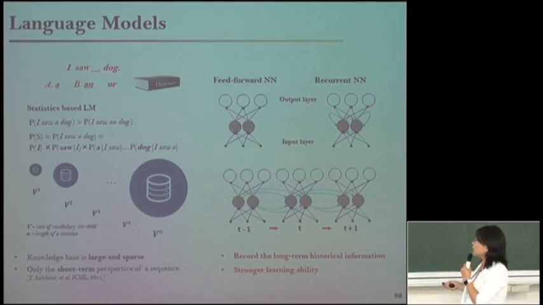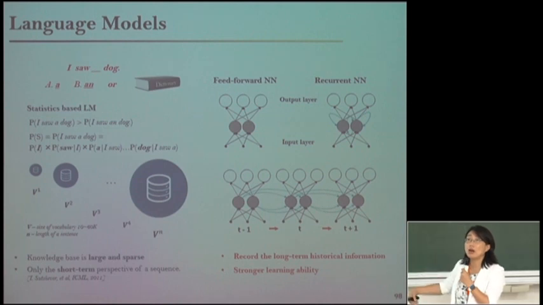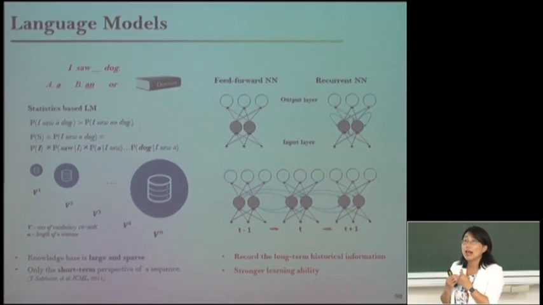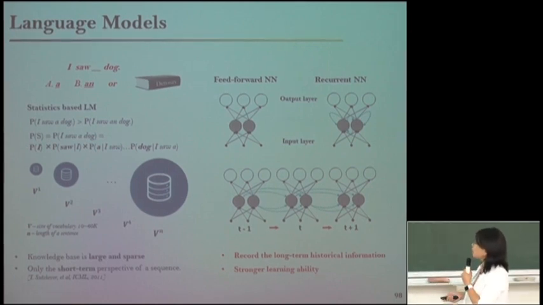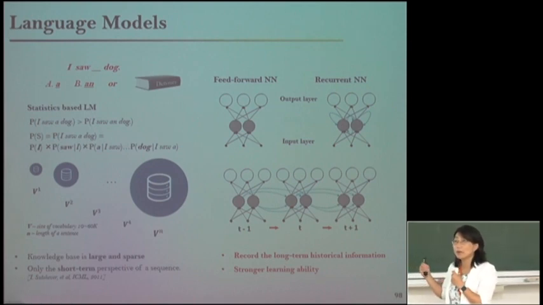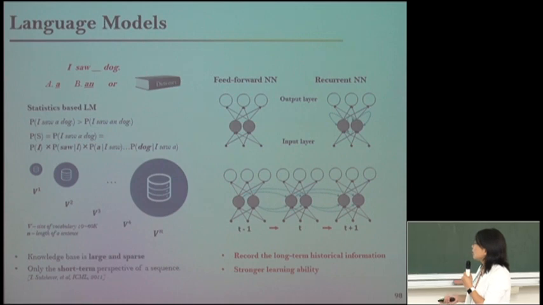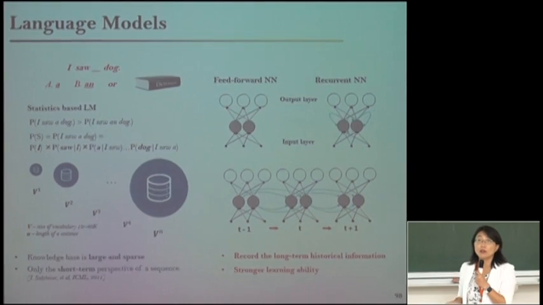So it records long-term historical information, and of course, for information from a long time back, the impact becomes smaller, and for newly updated information, the impact is larger. Because of this historical information storage capability, it shows stronger learning abilities, especially for learning related to historical information.